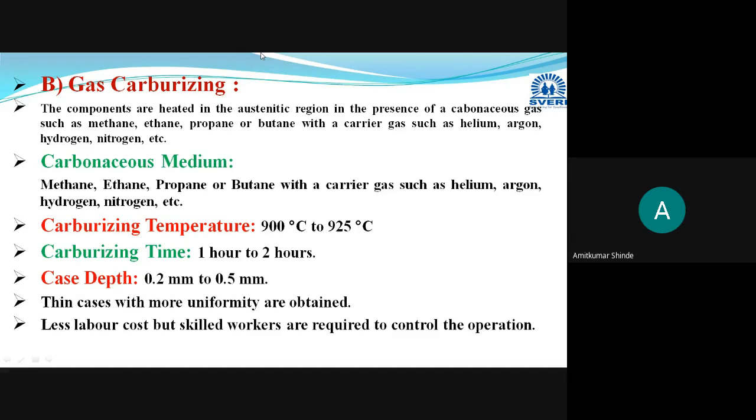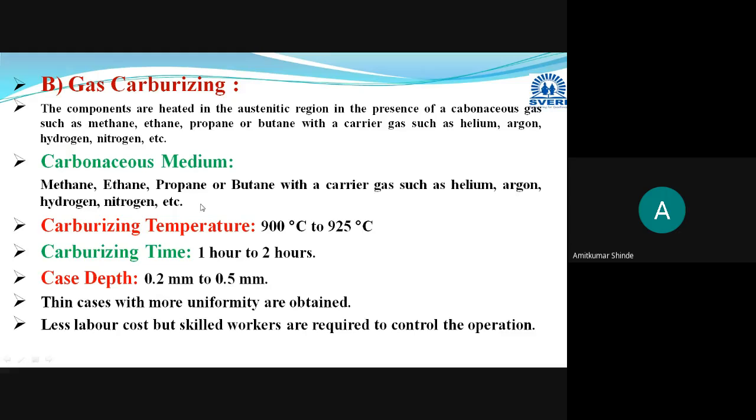We are doing the heating. Then we are holding that component for 1 to 2 hours at approximately 900 to 925 degrees Celsius. And after that, it is cooled with the help of water or oil. And at the end, you will get a case depth of 0.2 millimeter to 0.5 millimeter.